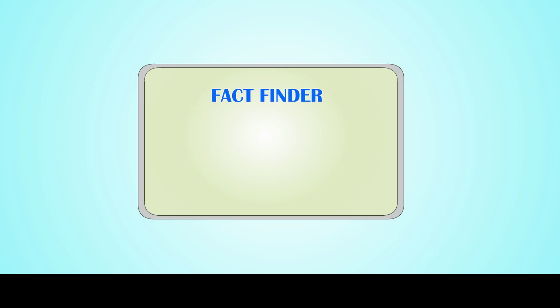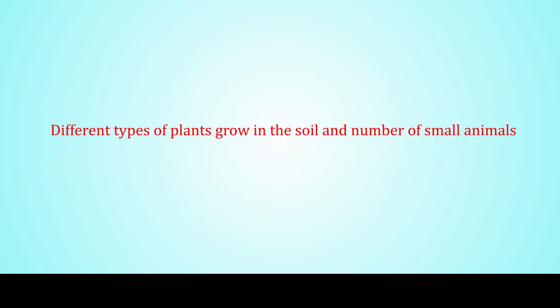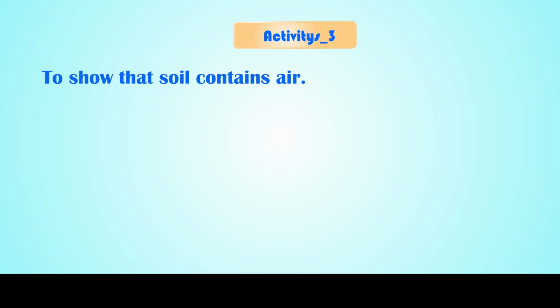Fact finder: soil consists of 45% minerals, 25% water, 25% air, and 5% organic matter. Different types of plants grow in soil and a number of small animals also live in soil. It proves that soil contains air. Activity 3. To show that soil contains air.